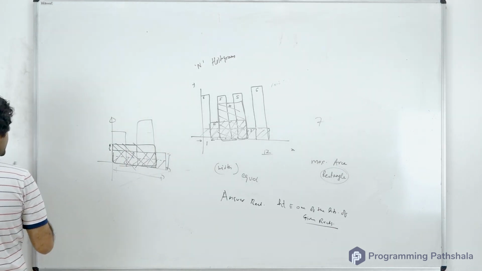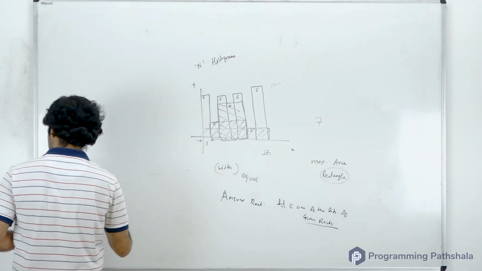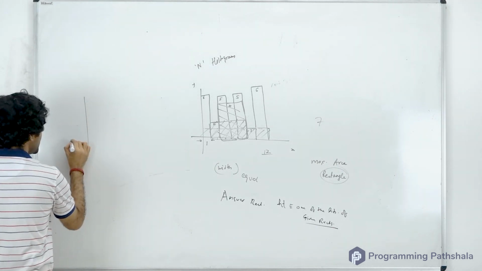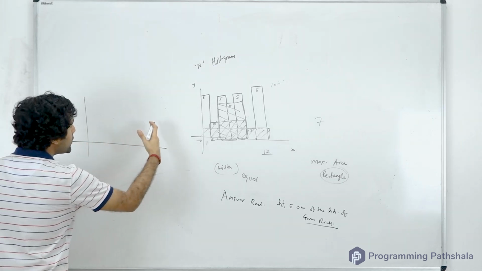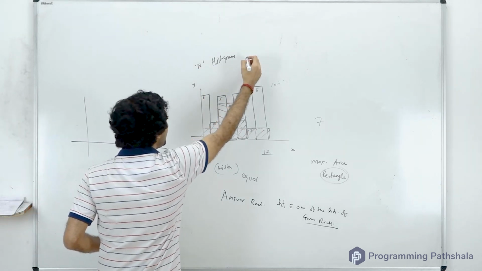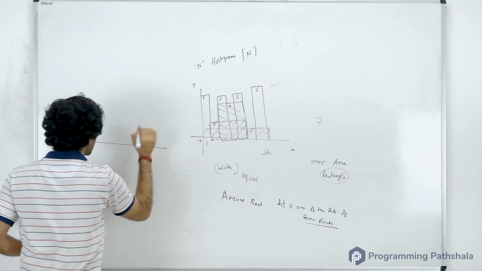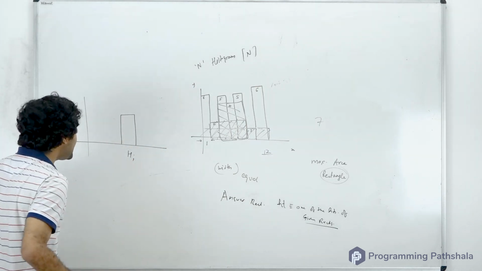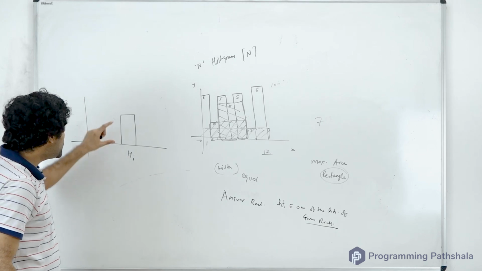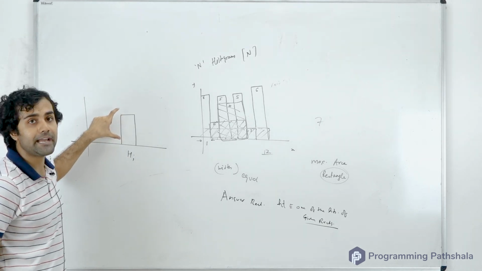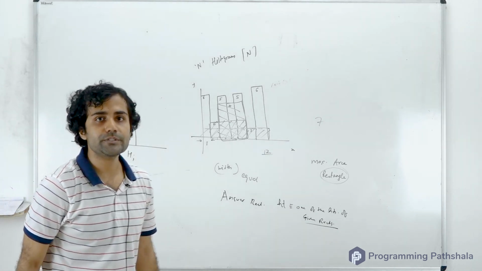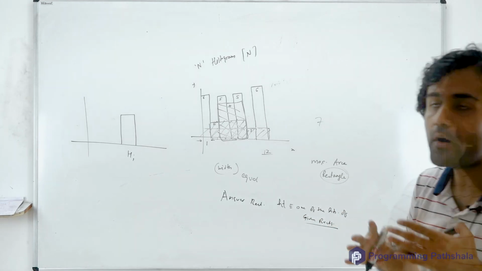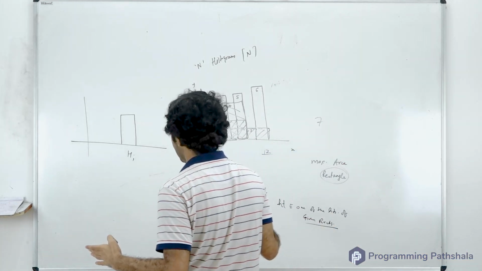So let's say you iterated on the histogram heights. The histogram heights are in an array of size n. So let's say you picked the ith histogram. Once you have picked the ith histogram, you fix this height as the height of your rectangle, and then you just see what is the maximum width that you can obtain.